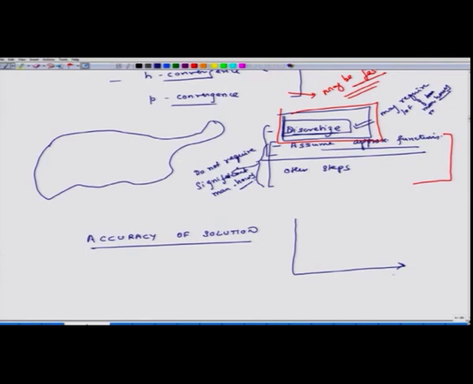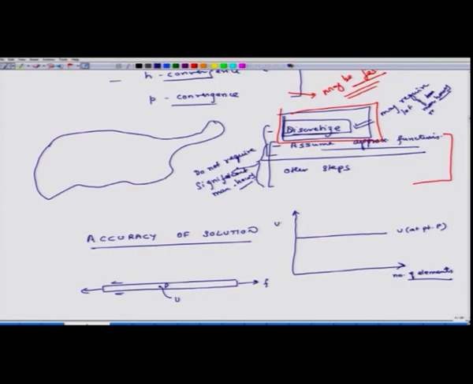so let us say this is the number of elements. Suppose I have a bar and I am applying some force here, I am also applying some traction here, and I am interested in finding u at this point, at point P. So the exact solution is this u, and this is u at point P. In this case we are not computing u at different points, but we are interested in finding the value of u at point P. The exact solution does not depend on the number of elements, so it is a constant line.